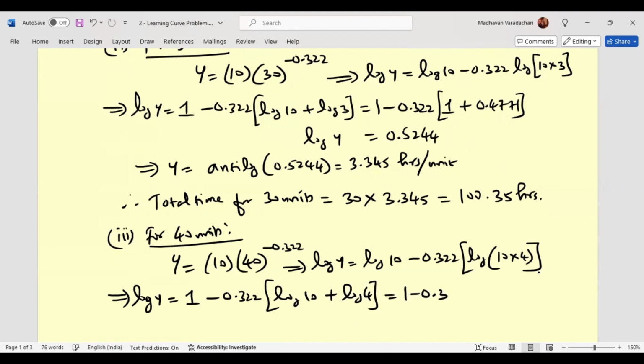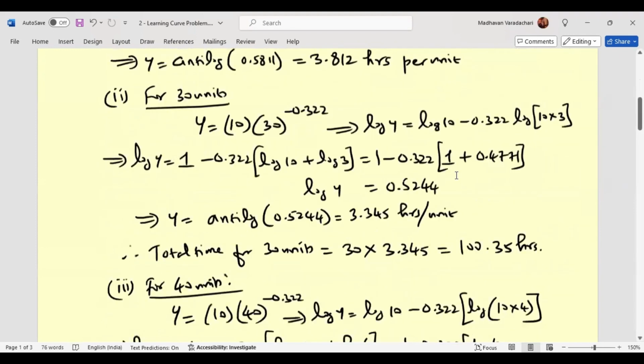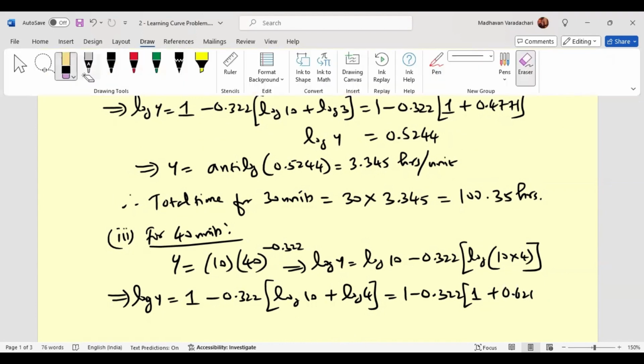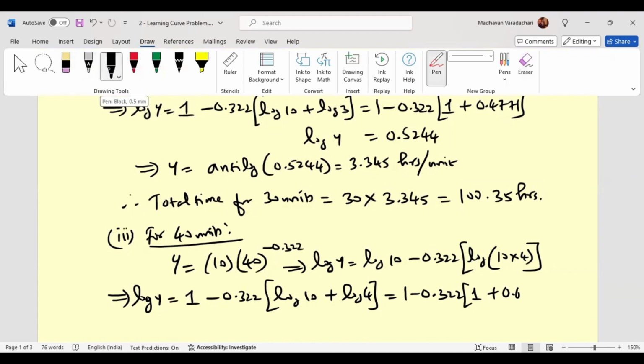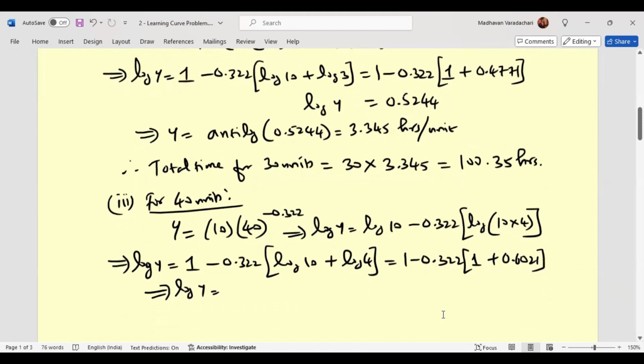1 minus 0.322. Log 10 is 1. Log 4 is given in the question as 0.6021. So if we calculate that, it is 1.6021 multiplied by negative 0.322 plus 1.